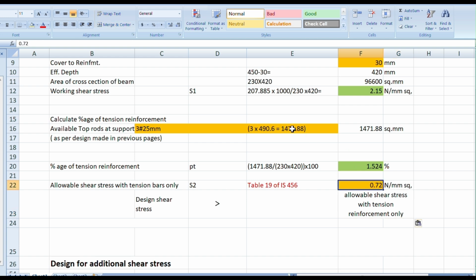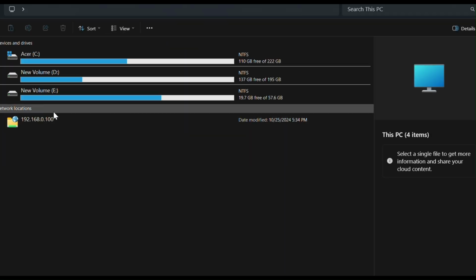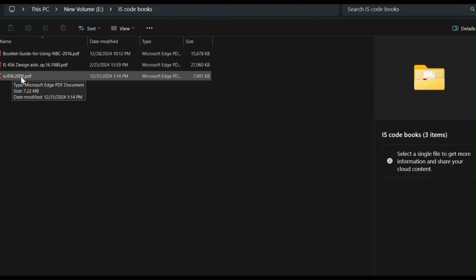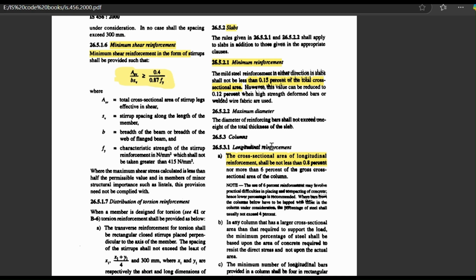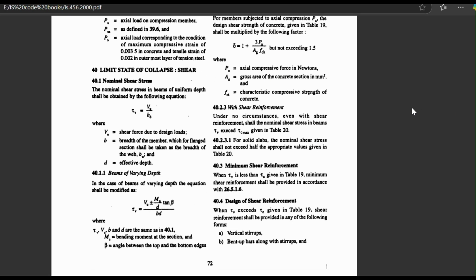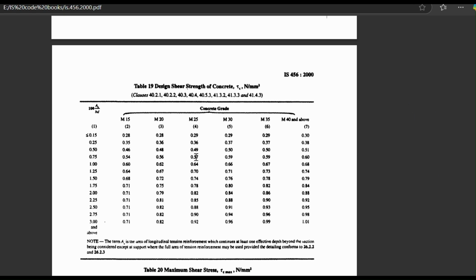How to find this? From the IS code book, IS 456-2000. We need Table number 19. Yes, this is Table number 19.